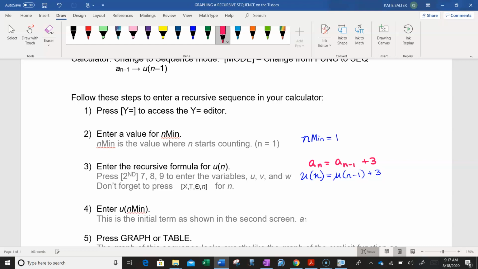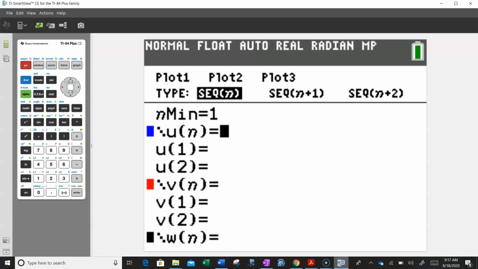But the calculator uses u instead of a, and it uses functional notation instead of subscript notation. Let's go back to the calculator so you can see what I mean. Where do we get u from? There are a couple of ways to get it. One, you can press second 7. If you look at your 7, 8, and 9, it's got u, v, and w above it.